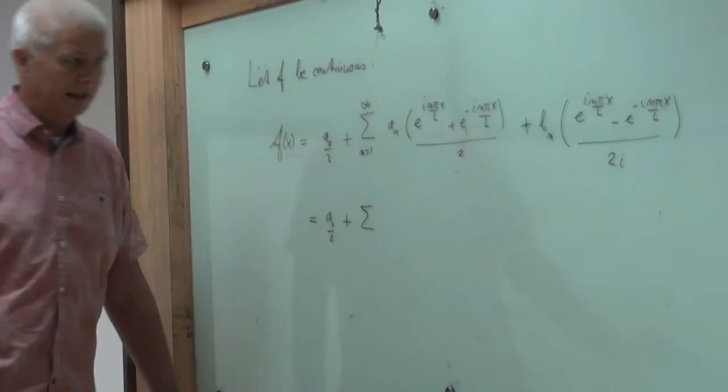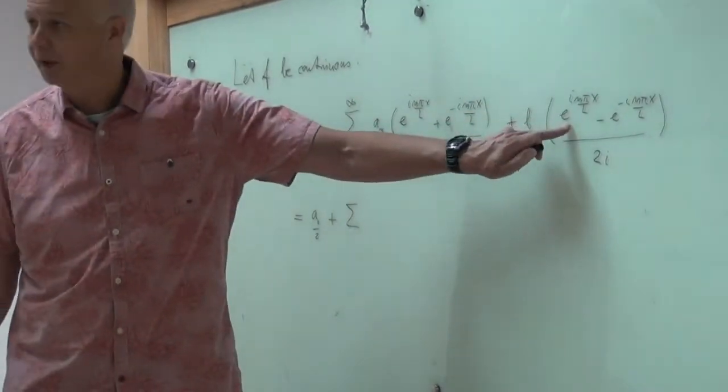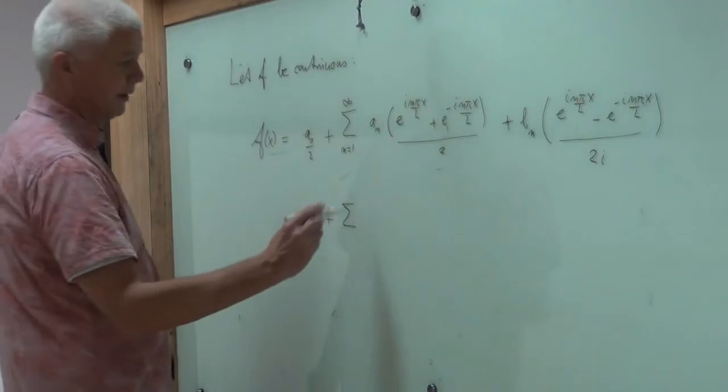A0 over 2 plus a sum. And then I take together this and this exponential.